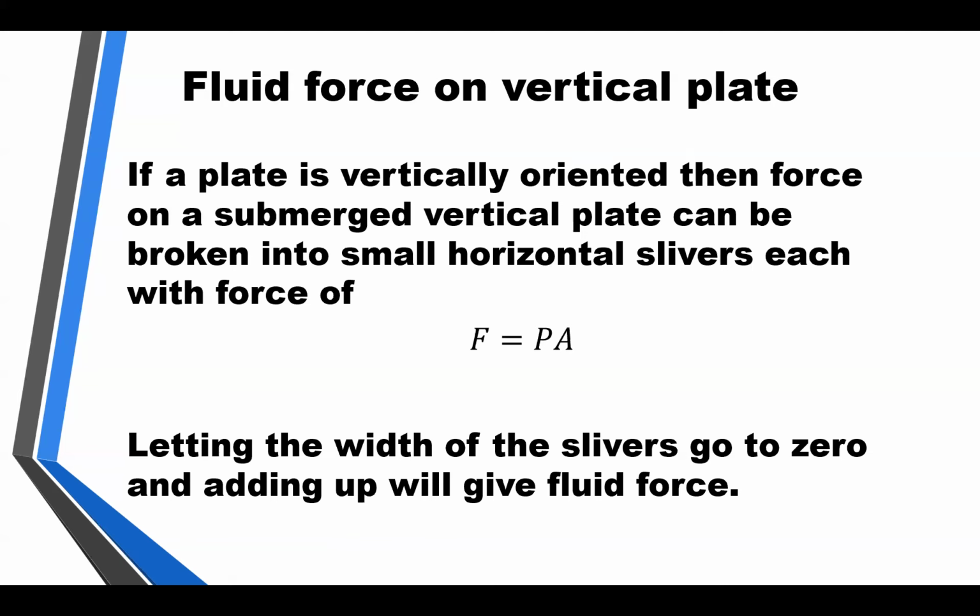And then we let the width of those slivers go to 0. And if we do that, then that's going to turn into an integration. Again, we do the Riemann sum, and as the width of the slivers goes to 0, that Riemann sum turns into an integration.